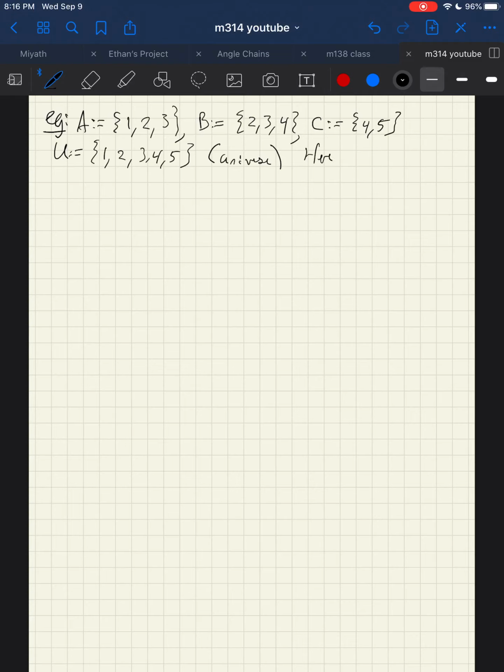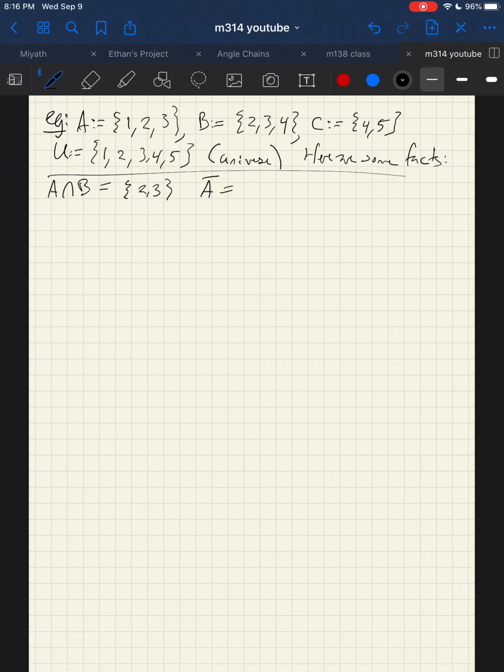So let's notice some facts. We've got that A intersect B is the set of elements that are in A and in B, so it's 2, 3.